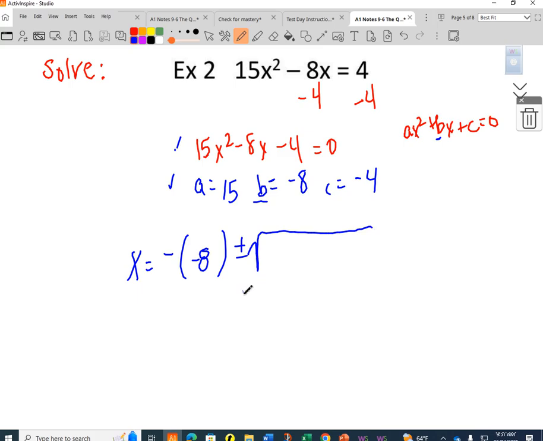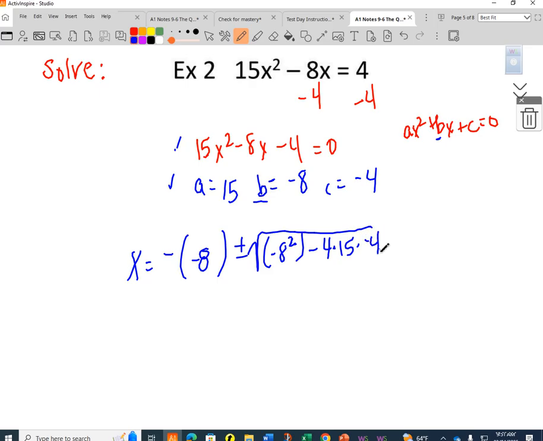So the next thing you'll see here is our b squared, right? So parentheses, and we'll put the negative 8 squared, right? It's always minus 4, just like in the formula. That minus 4 is always there under the radical, times A, 15, times C, negative 4.